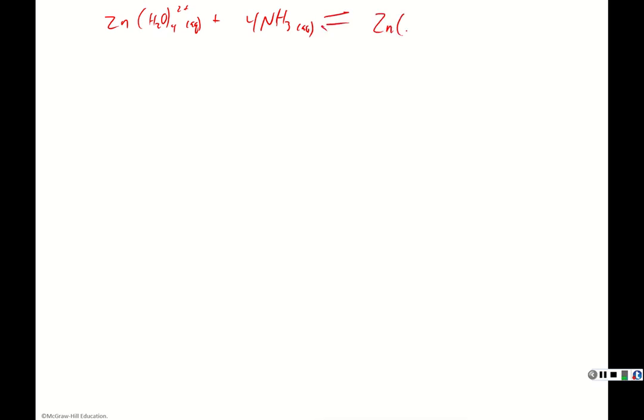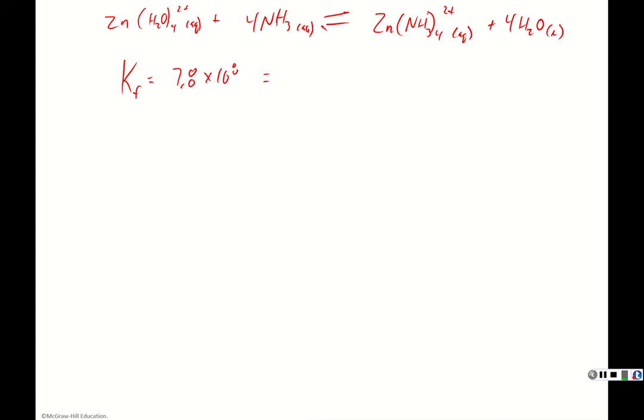What we get out is that zinc NH3 4, and 4 H2O. So we can write our expression for Kf. And we know what that value is, right? They gave it to us, 7.8 times 10 to the 8.